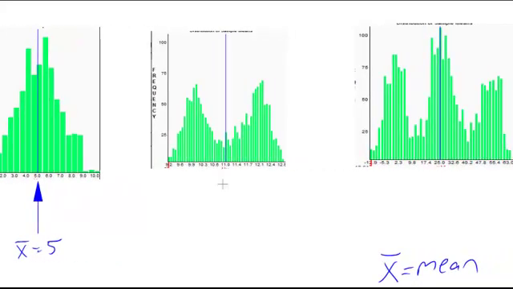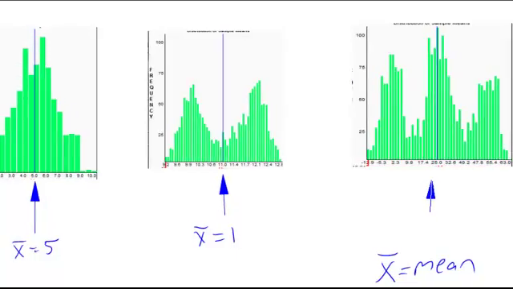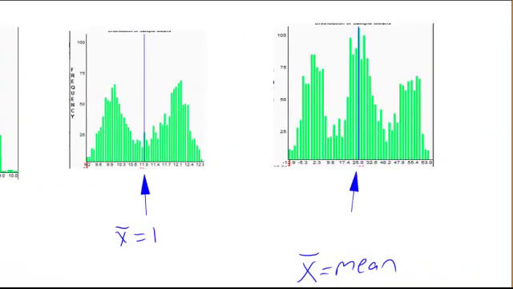For this graph, it's going to be right about here, and that's at 11. And this last graph, it's going to be about right there. About 25.